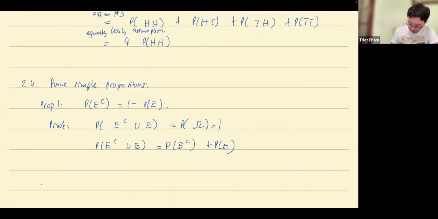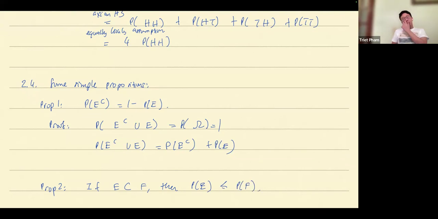Second one, if E is contained in F, then P(E) is less than or equal to P(F). All right, so the second one says that if you have a sub-event, then the sub-event is always no more likely than the original event.